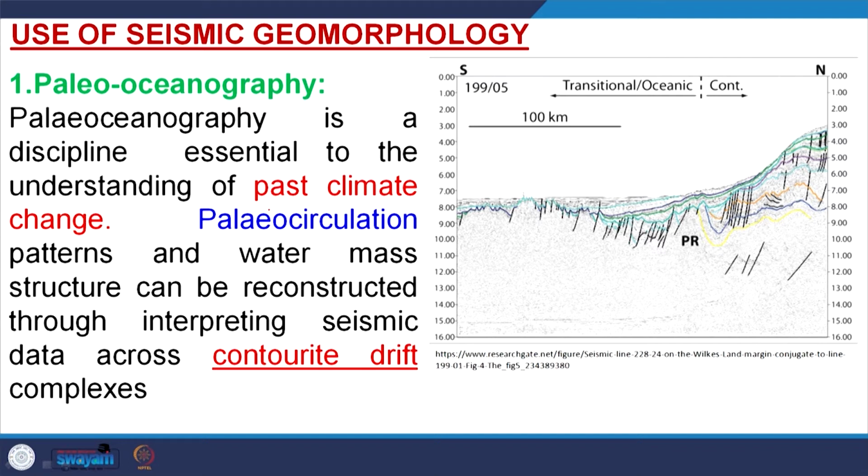All these processes involved are oceanic or coastal geomorphology, whatever geomorphic process is involved in the formation of these depositional structures, and that can be interpreted from this seismic profile.